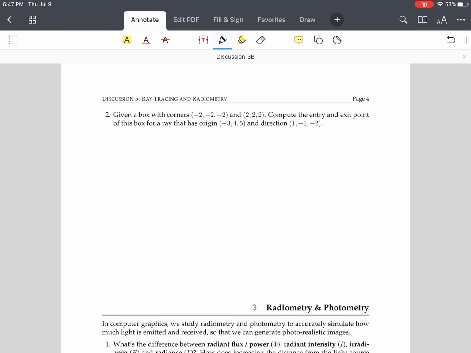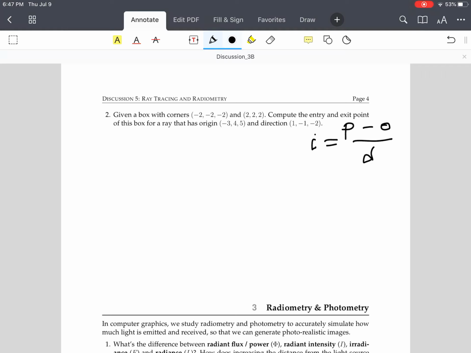Okay, and so the general formula for finding an intersection with the side is going to look something like t is equal to, so I'm going to put P for the position of the side, minus O over D. This is just in one direction, and basically all it's saying is P minus O is the distance from the side of the box to where you start.